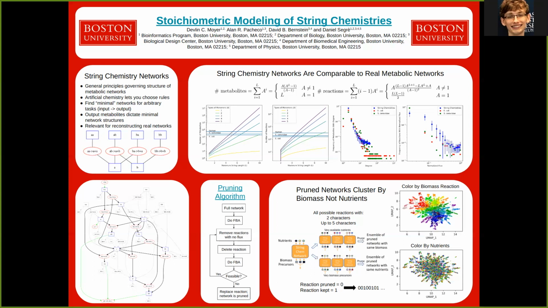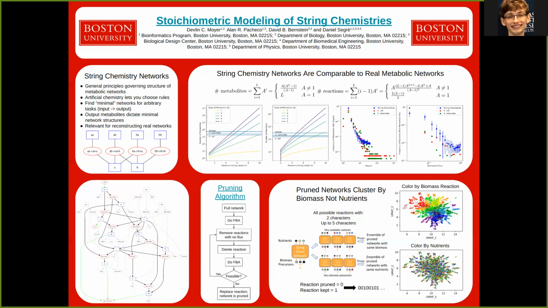If we do that for a bunch of randomized choices of networks and of input and output metabolites, we can generate flux distributions through all these networks. And we can see that this distribution of fluxes, again, follows the distributions of fluxes you see in real metabolic networks, which is, again, somewhat surprising. These are much simpler than real metabolic networks in many ways. So it's interesting that we see that.